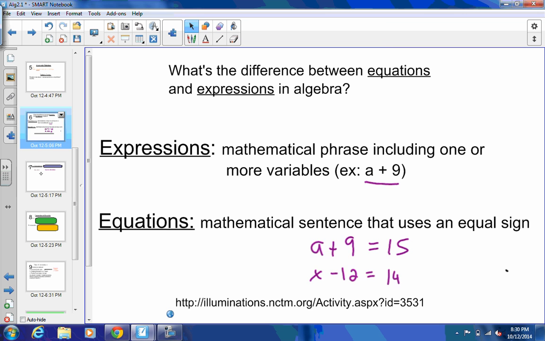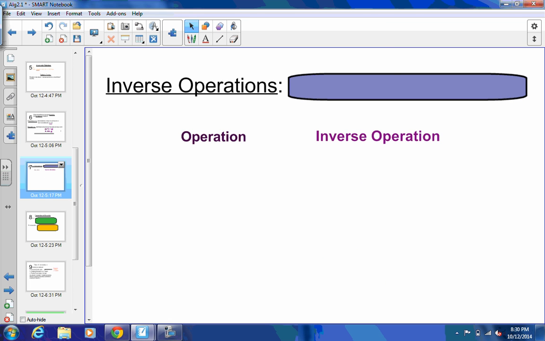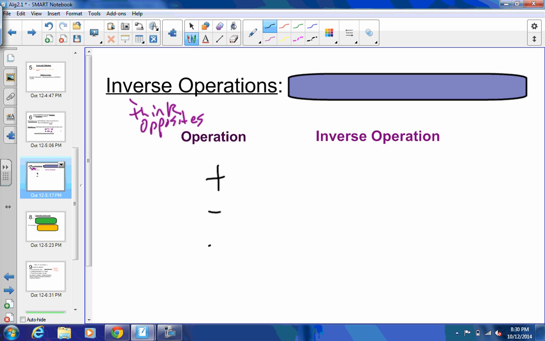All right. Next thing to note is inverse operations. Inverse operations are simply, if you know the word inverse, kind of opposites. So if you think inverse, you might think opposite. And when you think of inverse operations, we know that operations in math are addition, subtraction, multiplication, and division.